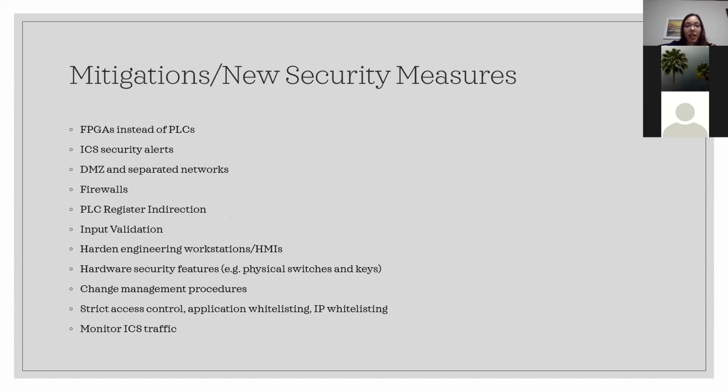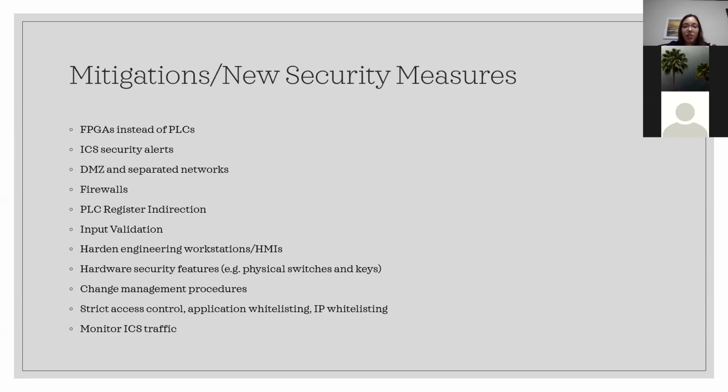Then some mitigations and security measures. So we talked a little bit about this, specifically the security alerts, the DMZ and separated networks, and firewalls. Other things that can be done, you can use FPGAs instead of PLCs.